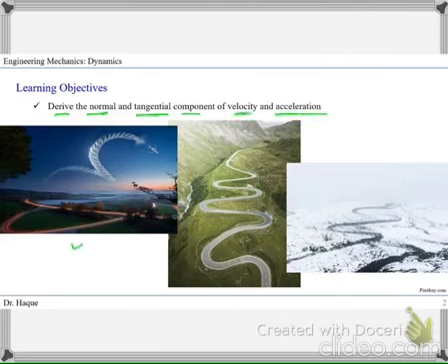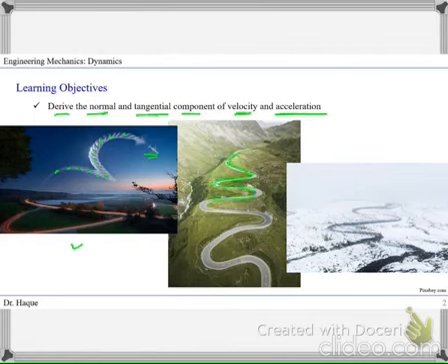In the image you see the travel path of an airplane. In every second it is a curvilinear motion, and in every position it may have tangential and normal components, and we'll determine this. Another example of application is a curved path here.